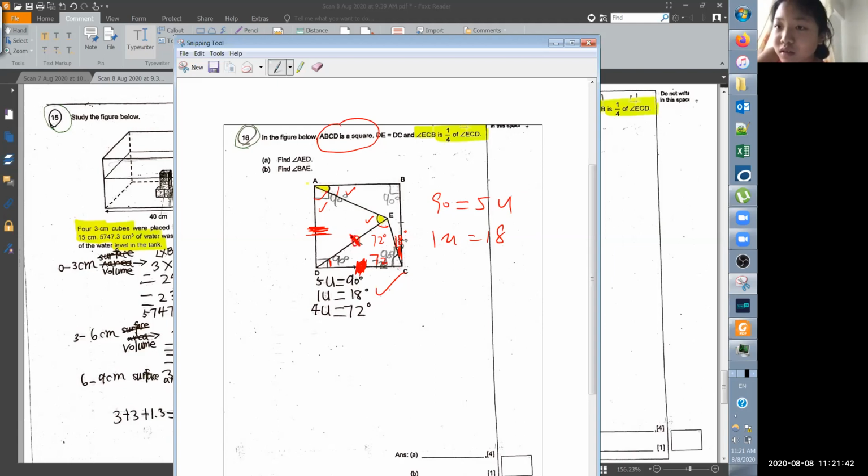And DC is this one. So if this one is equal to this one, that means this one is also equal to this one. Okay, so can you go ahead and find out the answer now? This is why I asked you to highlight all these things. Okay, go ahead.